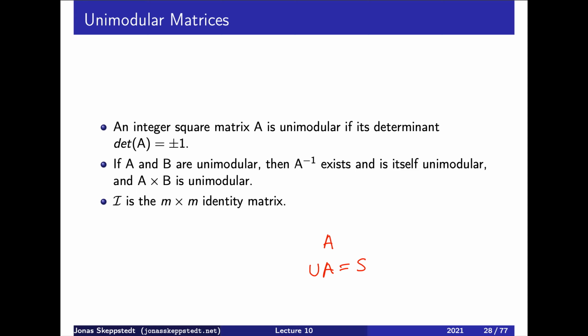And to compute the loop bounds of this new loop nest, it needs the inverse of this transformation matrix. So that's the reason why the transformation matrix should be unimodular. Okay, and if we multiply two unimodular matrices, then the product is also unimodular.